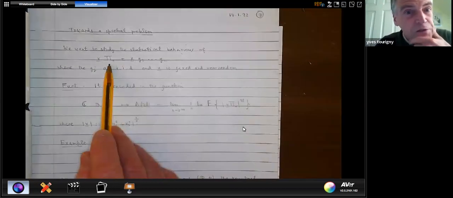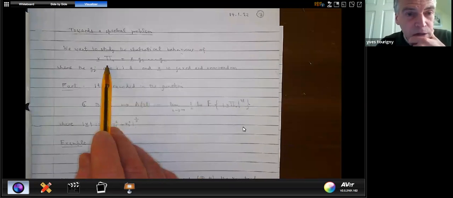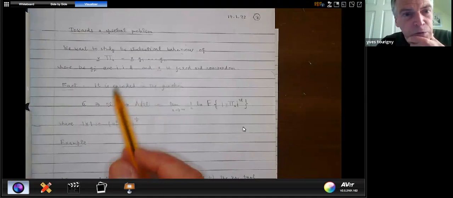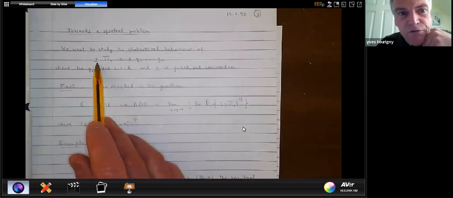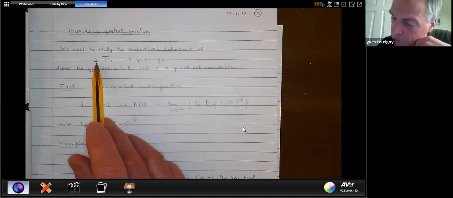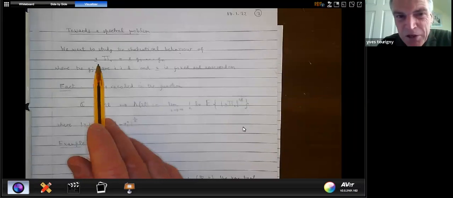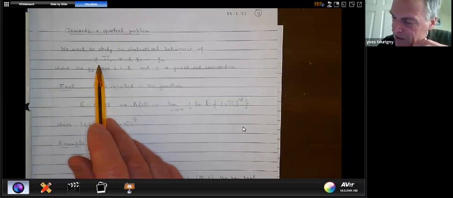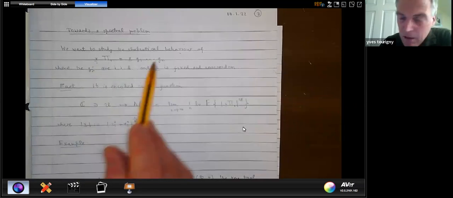So this is our task. We want to study the statistical behavior of objects like these. Here in what follows, X is some fixed vector. Say, if you're dealing with 2 by 2 matrices, it'll be a vector in R2. It's fixed. It doesn't matter what it is in terms of the statistical behavior, in effect, but it's useful to have it there.